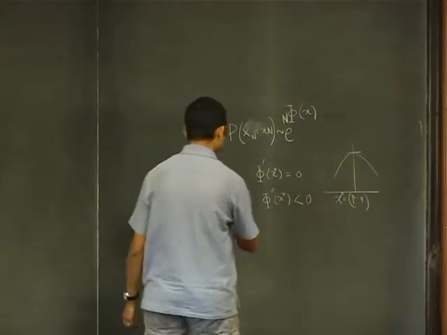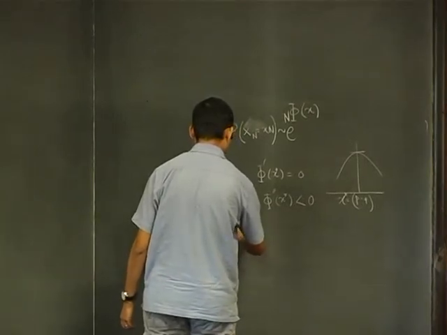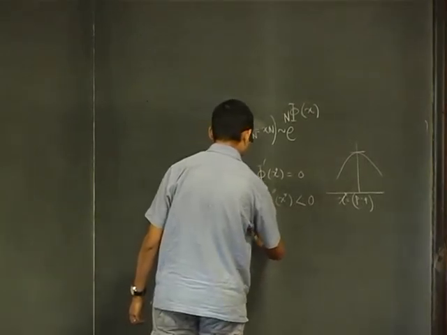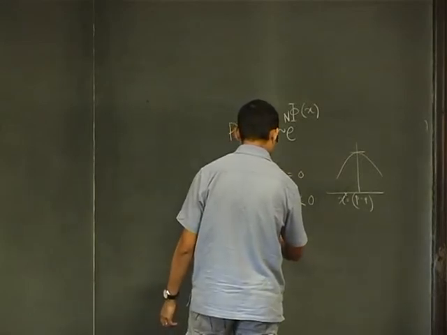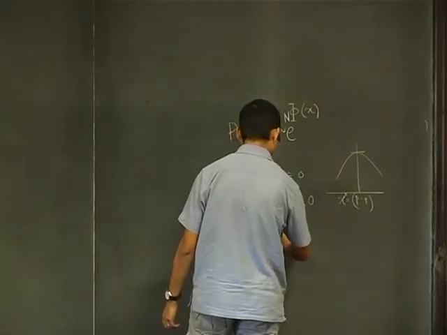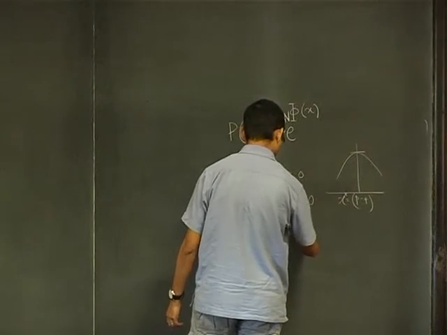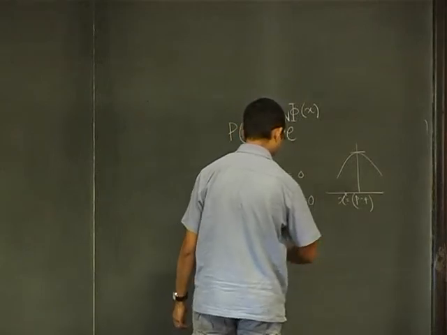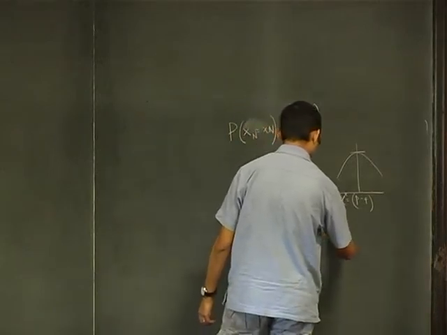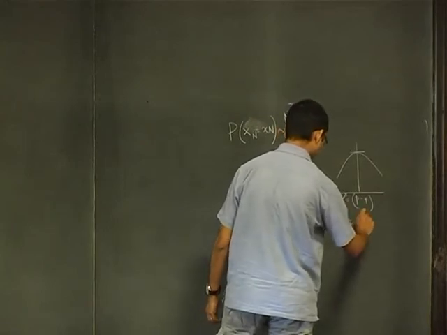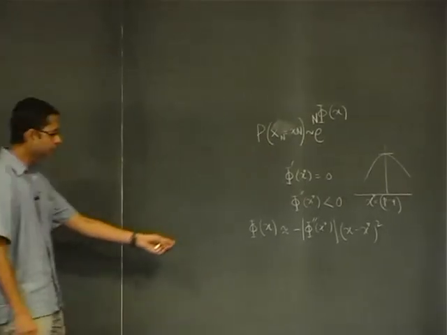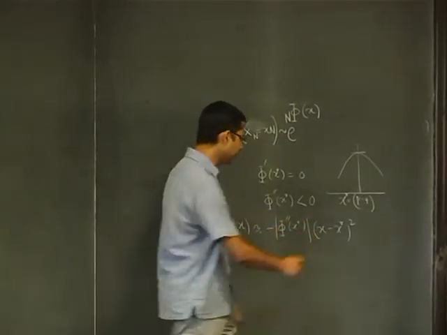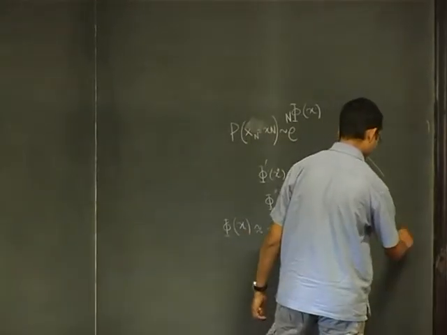So this phi of x should be something like minus phi double prime at x star times x minus x star whole square, plus higher order terms.